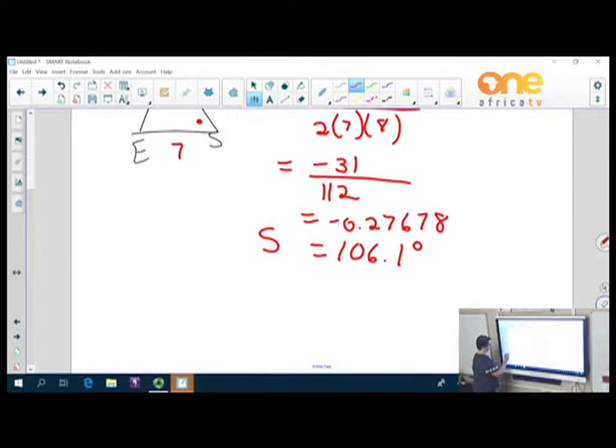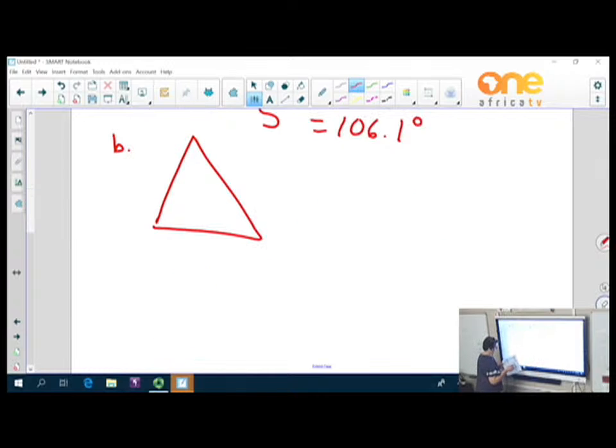First try them. So the next one that we are looking at now is number B. So again, I'm going to draw my triangle. This is LMN. So LM is 13, MN is 10, and NL is 22.